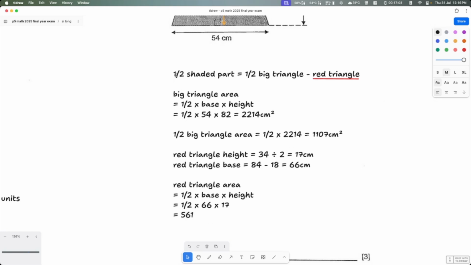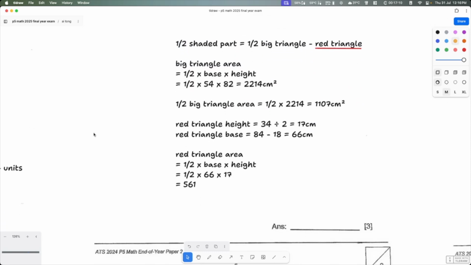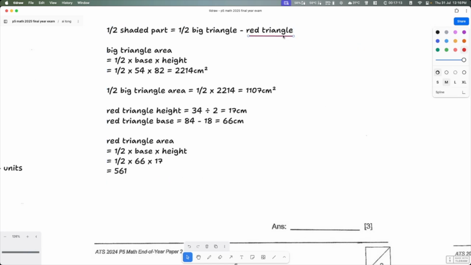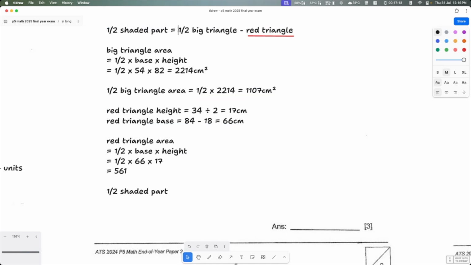So for the half shaded part, we can just swap in what you see over here. The half shaded part is equal to half big triangle minus red triangle. We're repeating this so it's easier to understand why we are doing this.